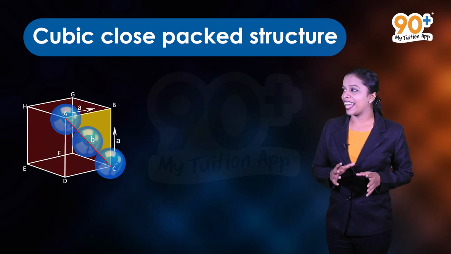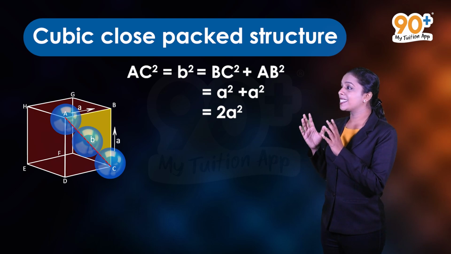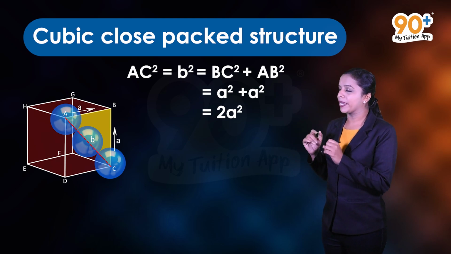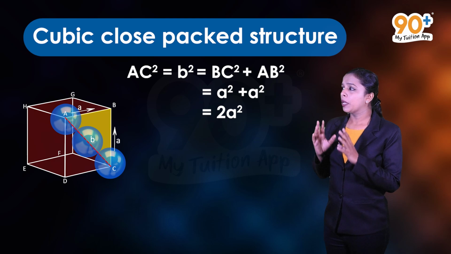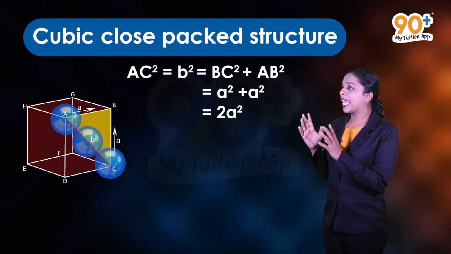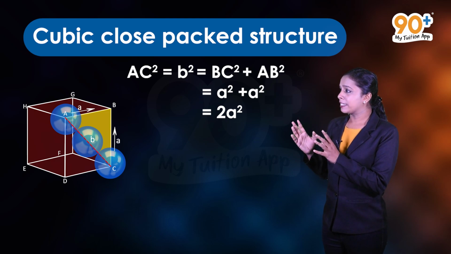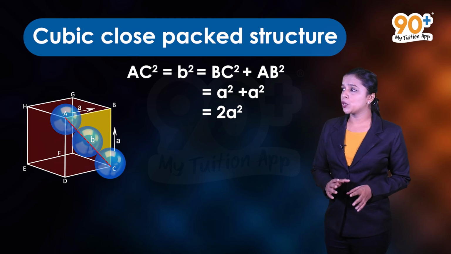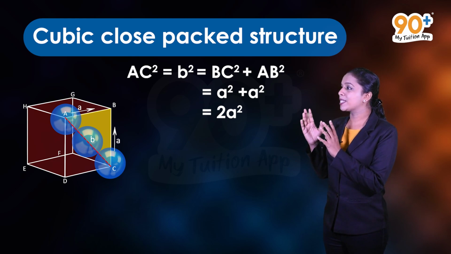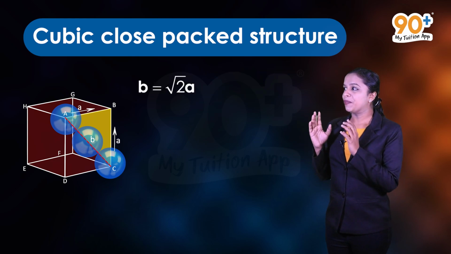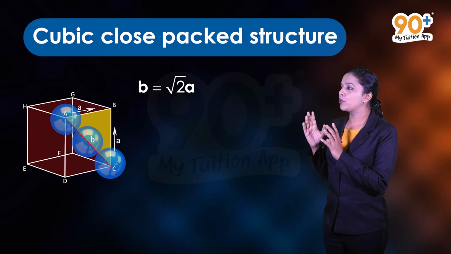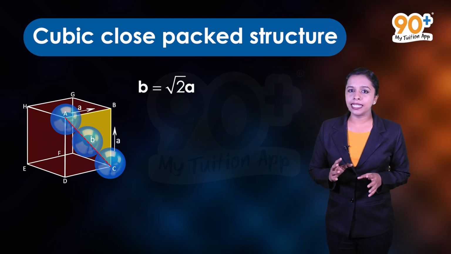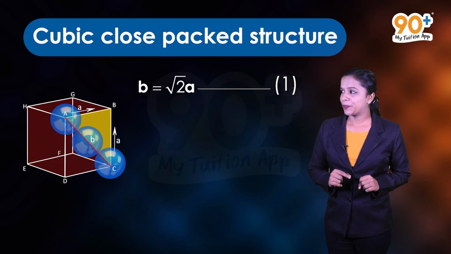Thus, AC² = b² = BC² + AB² = a² + a² = 2a², or b = √2 a. Consider this as equation 1.